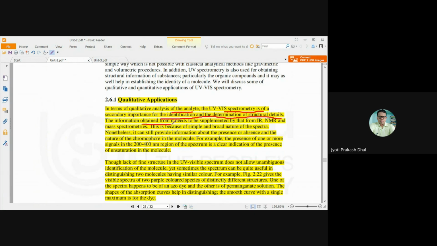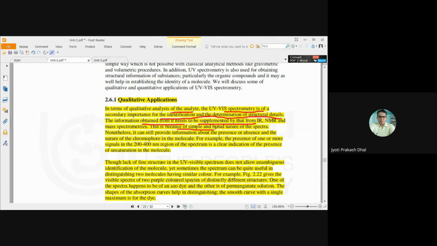The information obtained from it needs to be supplemented. You cannot analyze any sample through the UV visible spectrometer only. It should be supplemented by IR, NMR or mass spectrometry. That will give the complete characteristics of the analyte.